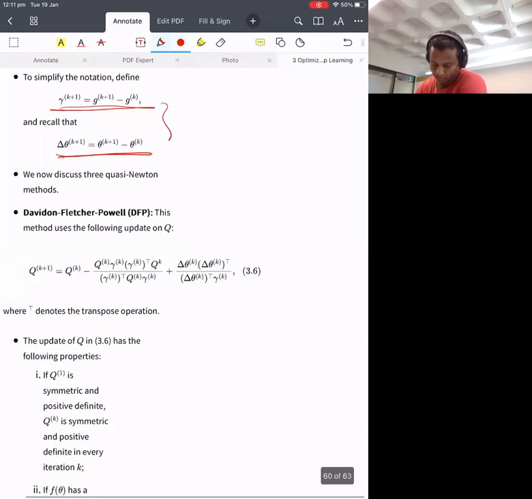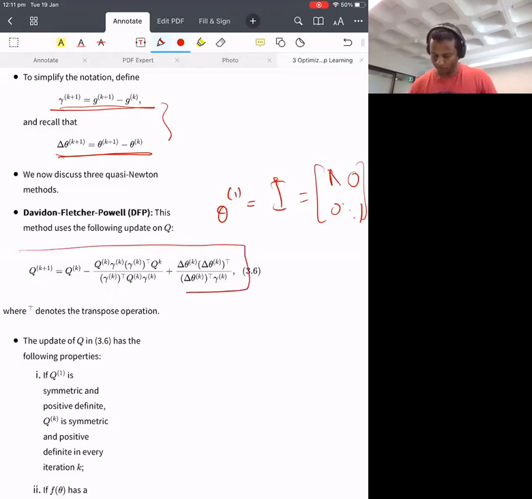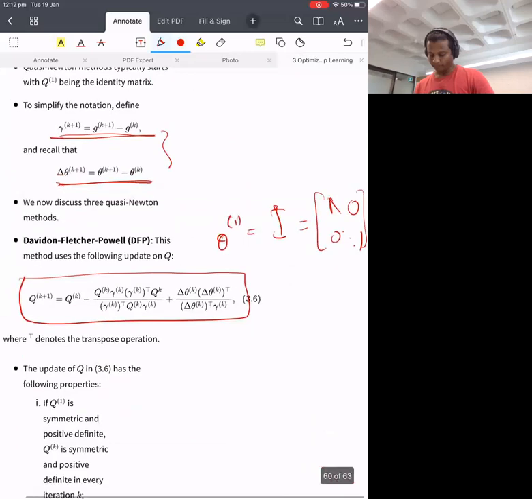That is like updating Q. We start with Q1 being the identity matrix, that is ones along the diagonal and zeros everywhere else, of the appropriate size, that is n dimension. Then in each iteration, we update QK as follows and just substitute into this equation.